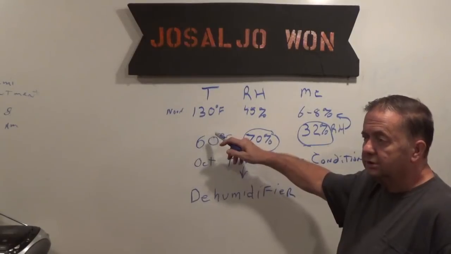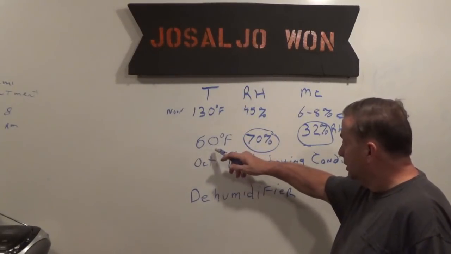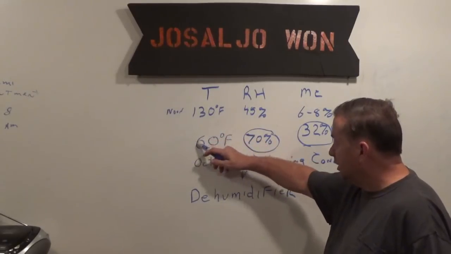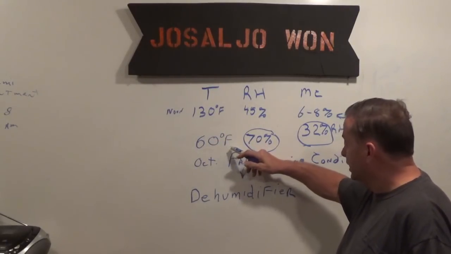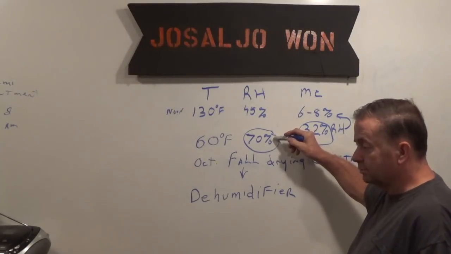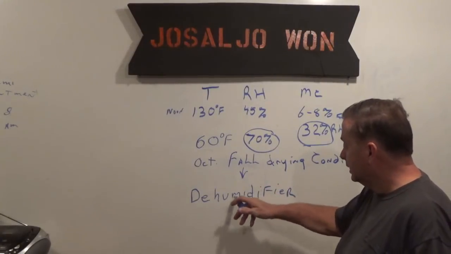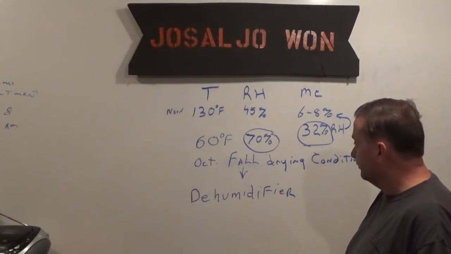And it was 80 degrees at 7 o'clock the last time I looked at it. But I'm counting that right now it's going to be 60, and I'm thinking at the moment in my kiln it's 70%. So we need to get that down, and like I say, that's where the dehumidifier comes in.